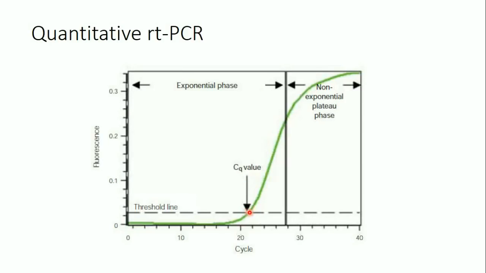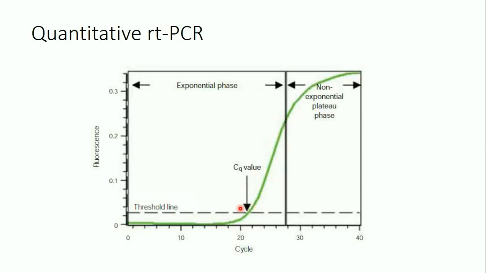It's the threshold cycle. The threshold cycle is the cycle at which the amplification curve intercepts with the threshold line. So the intersection between the amplification curve and the threshold line is called the CQ or CT, the threshold cycle.